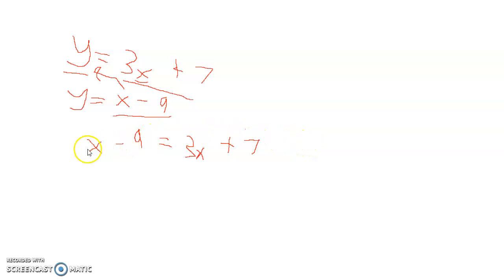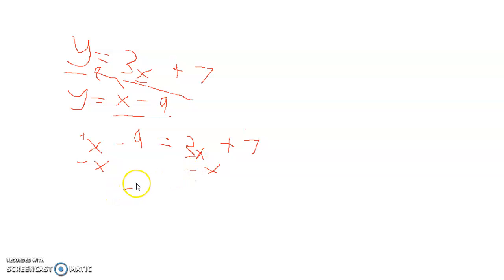we can easily do this. Since x is a positive x, since there's no negative sign in front of it, we can subtract this x and bring it to this side. So 3x minus an x is 2x.